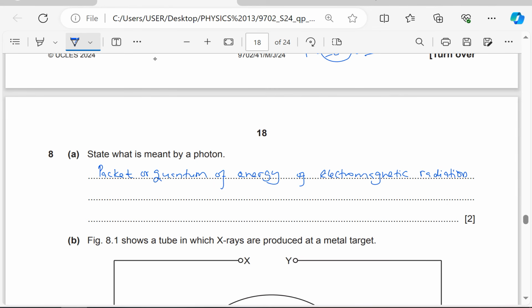It's a packet or a quantum of energy of electromagnetic radiation, and of course we know that energy equals frequency multiplied by Planck's constant.